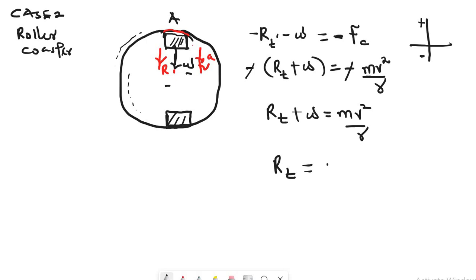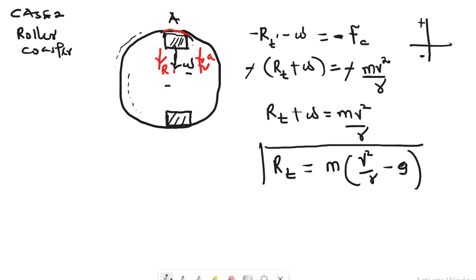The reaction force at the top will be m, which is common, times v squared over R minus g, since weight is mg. This is the normal reaction at the top. It's also similar to when tension is holding it.